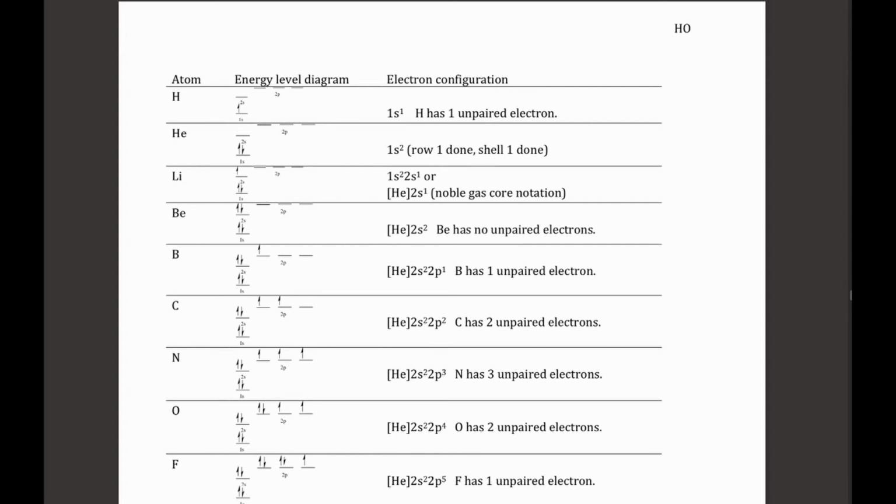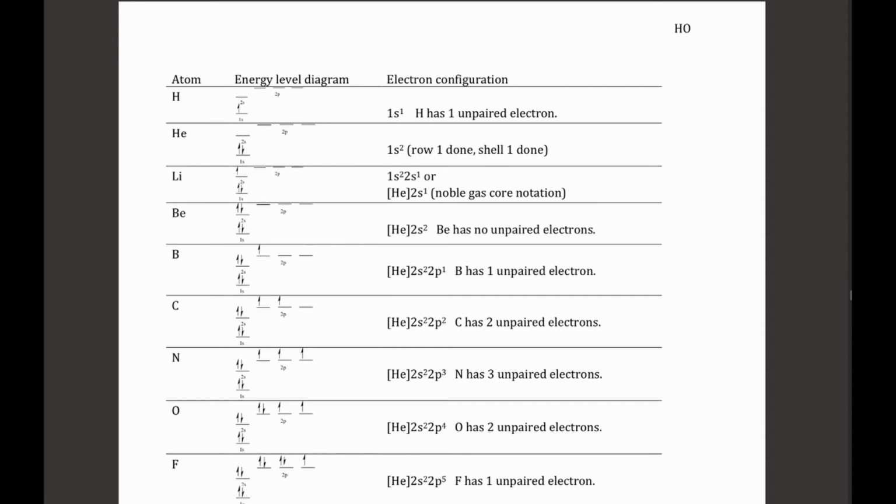I didn't mention it, but even though in carbon and nitrogen those electrons are in different 2p atomic orbitals, we just write it as 2p2 for carbon, 2p3 for nitrogen, but we have to know that they are in separate 2p atomic orbitals.